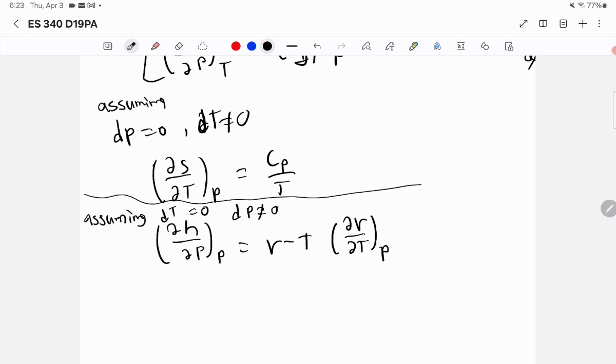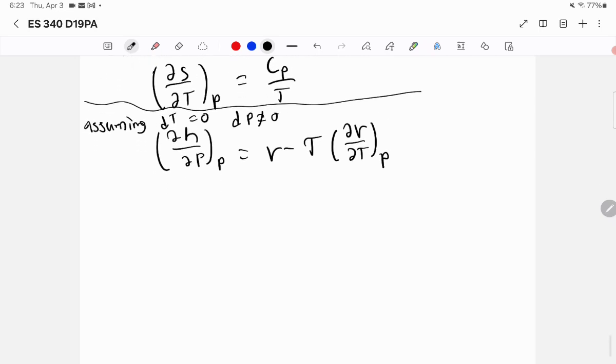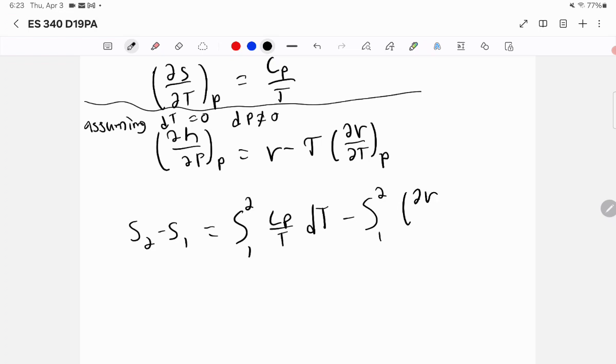Okay, and in all of these cases, under these various different assumptions, we can actually get back our equations, right? So S2 minus S1 in this case is equal to the integral from 1 to 2 of Cp over T dT. We actually can get back to the equations that we were dealing with earlier in the course, or something that looks very similar to those equations.